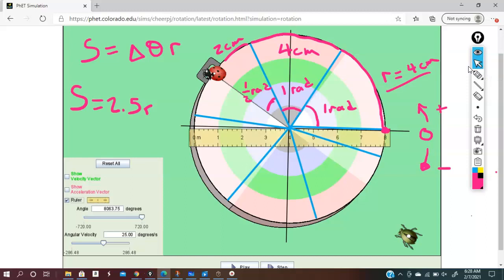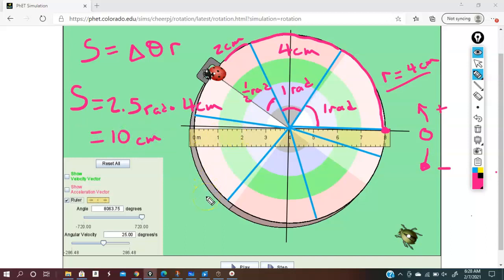So the radius here is 4 centimeters. That's why this distance is 4 centimeters. Okay, and so let me fix this. So yeah, 2.5 radians multiplied by 4 centimeters as the radius, and that turns out to be 10 centimeters as the arc length that it traveled.